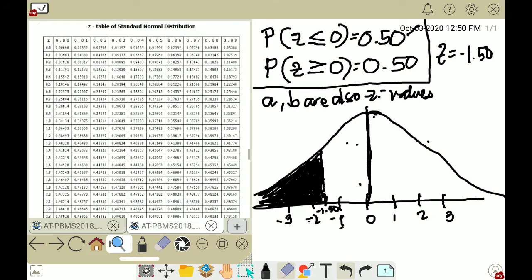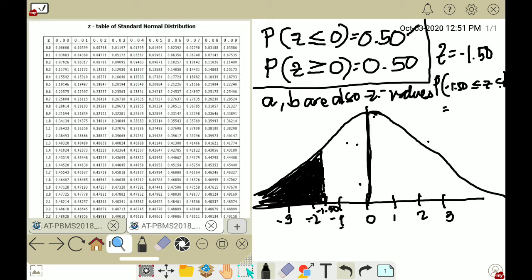Your z table indicates the area of z between negative 1.5 and 0 is equal to, we'll locate that one first.